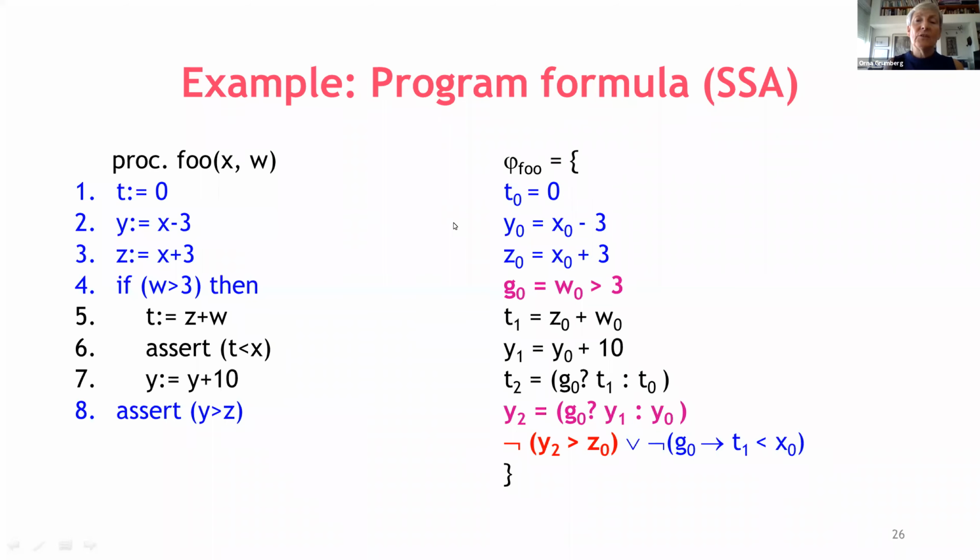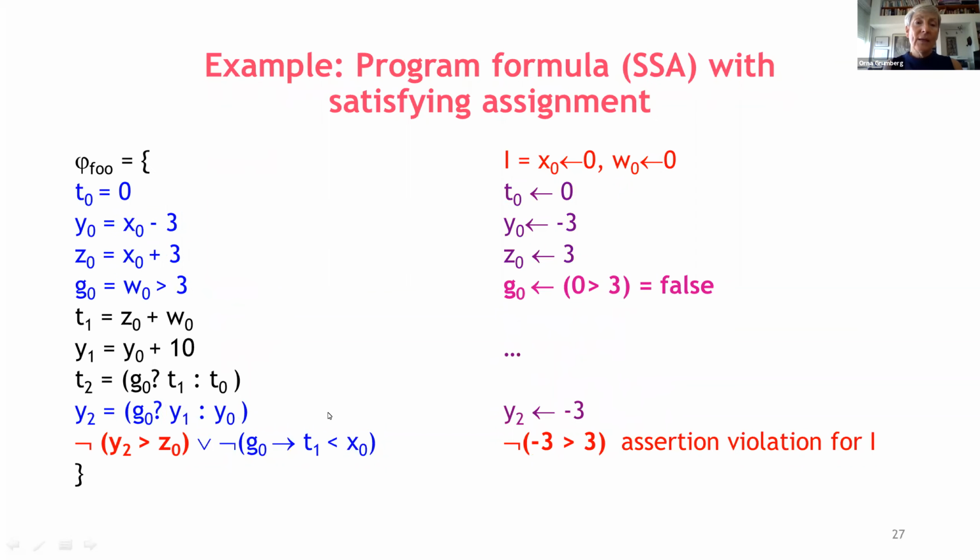And we see that on top of the formula describing the behavior of the program, we also have a negation of the conjunction of all assertions. And here we have the assertion that was violated. So now every assignment to the indexed variables corresponds to a behavior of the program that violates the assertion.